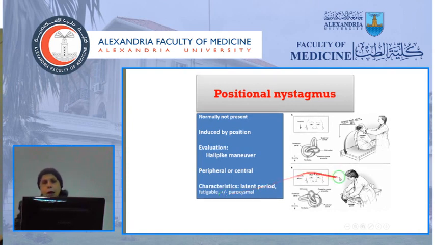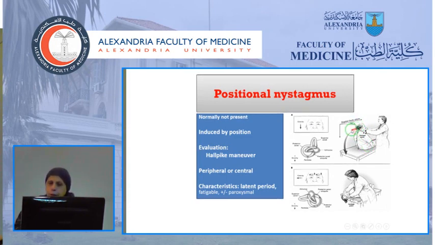So if we have positional nystagmus, we don't see it while the patient is sitting. If you want to induce it, you get the patient in the sitting position, turn his head 45 degrees to one side, and push him down to hang his head over the edge of the bed.